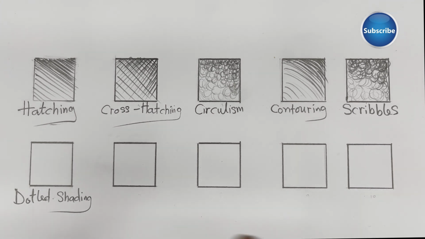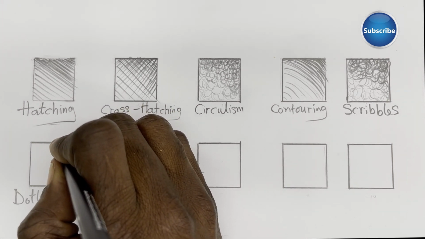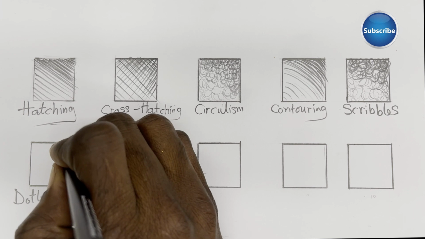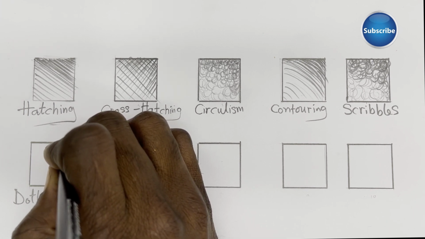The closer the dots are to each other shows where our dark is, and the more you open up the dots shows where our light is. So let's have a look at how it works.